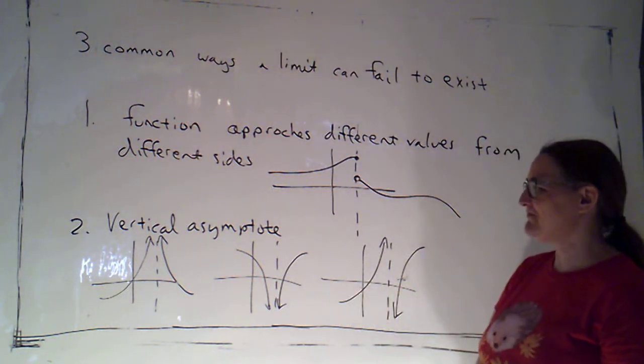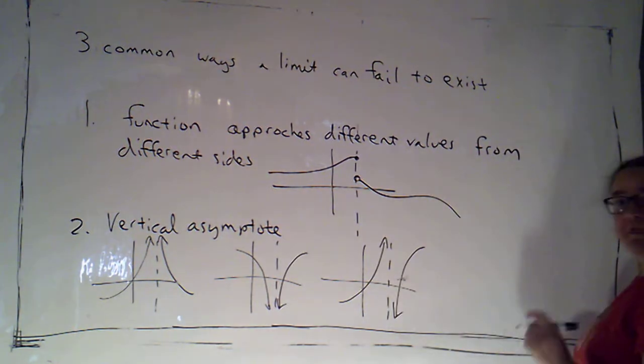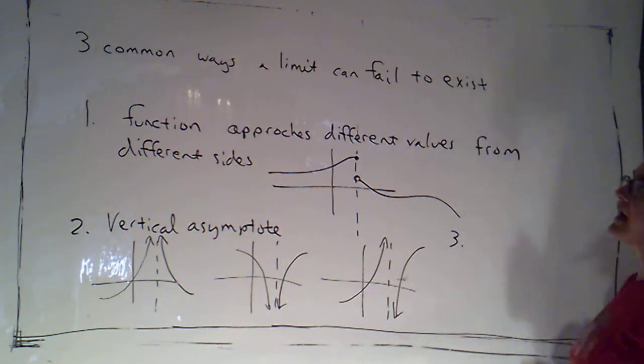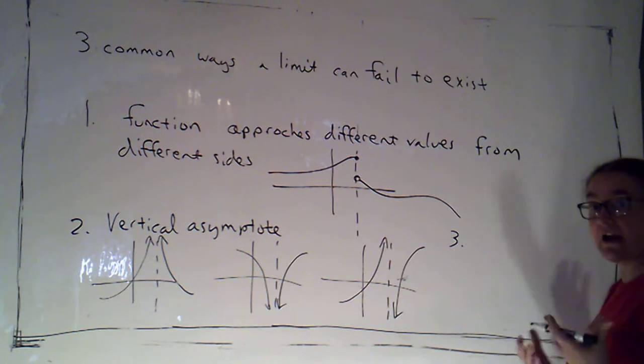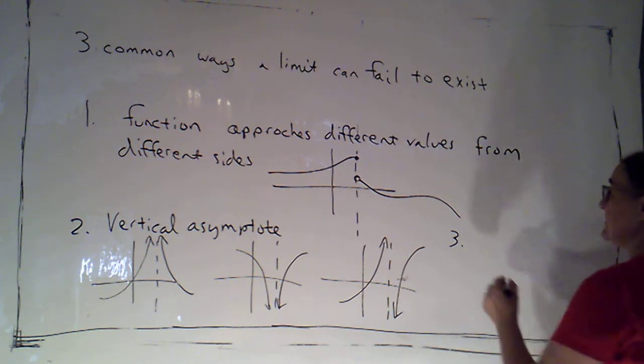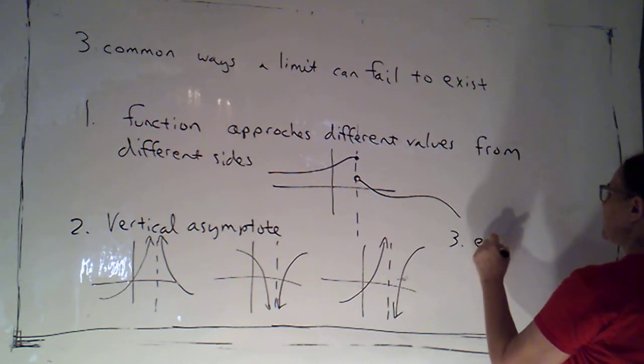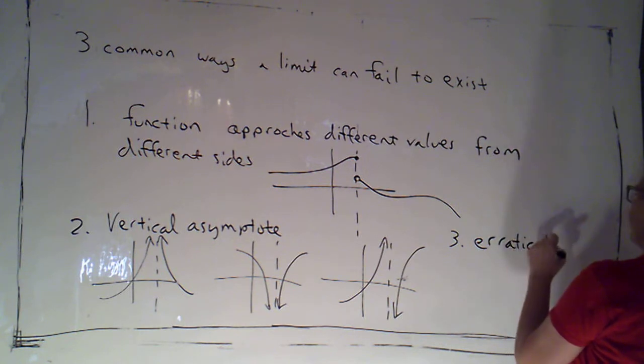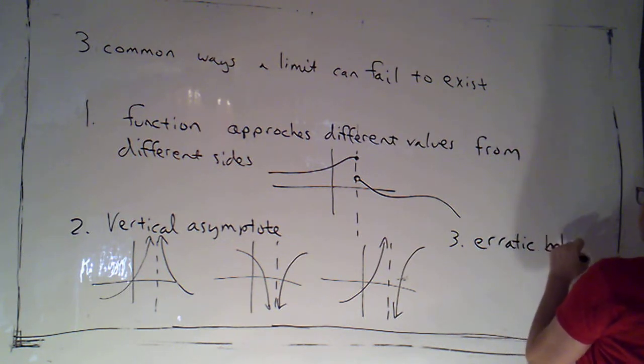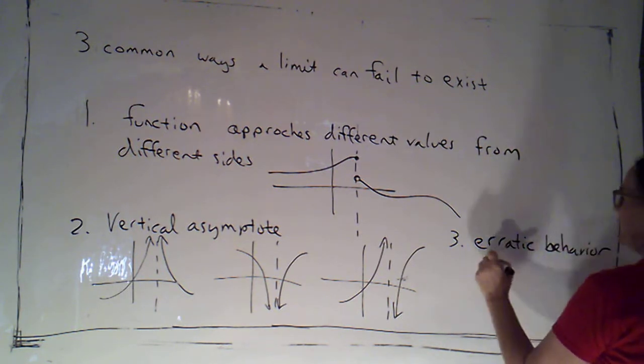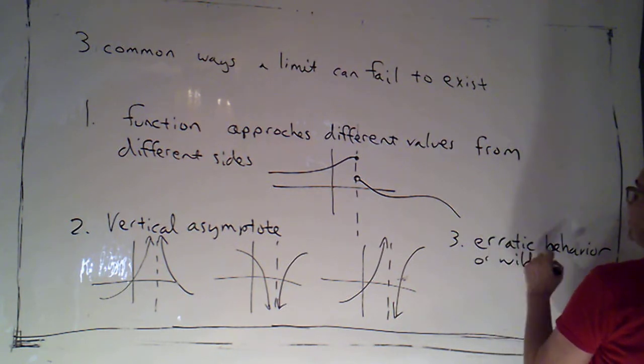Okay, and the third way that we've seen that a limit could fail to exist is, I'm just going to call it erratic behavior, or wild oscillations.